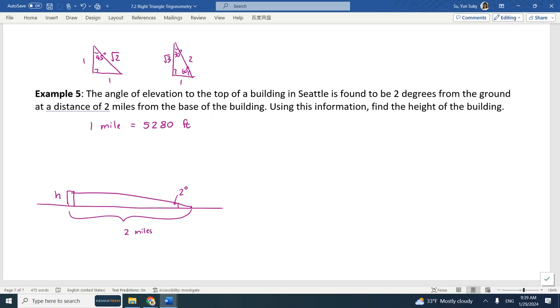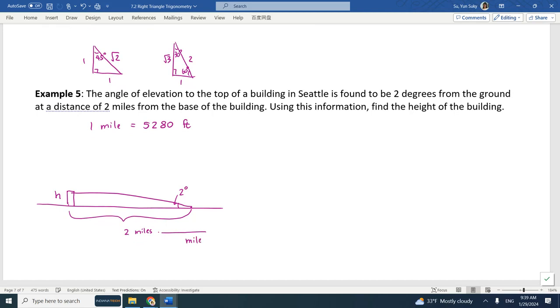Because usually when you talk about the height of a building, you don't want to say miles. You usually say meters or feet. Right? Miles is too big. It's too big a unit. Okay, so let's convert the miles to feet.